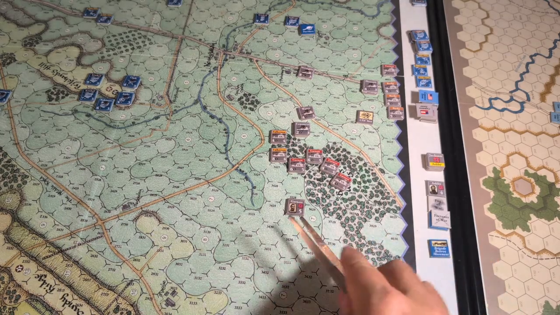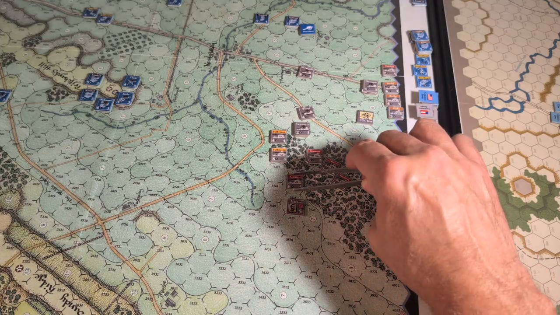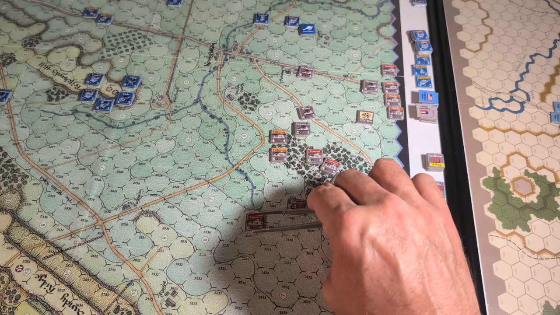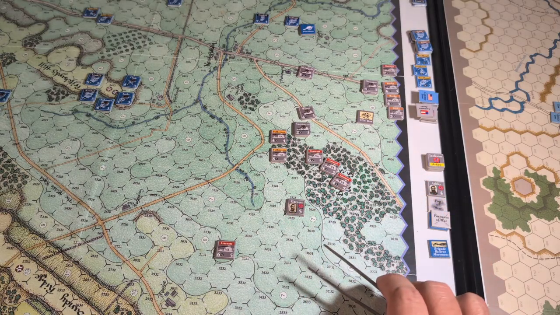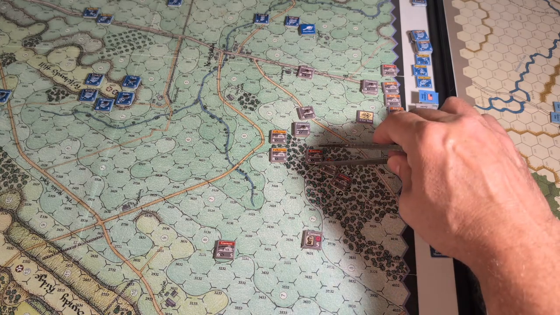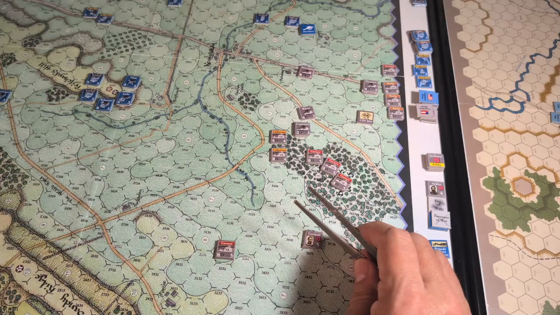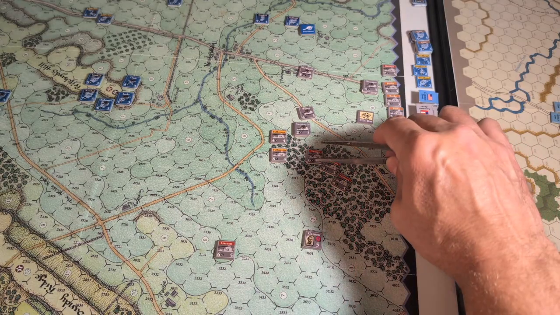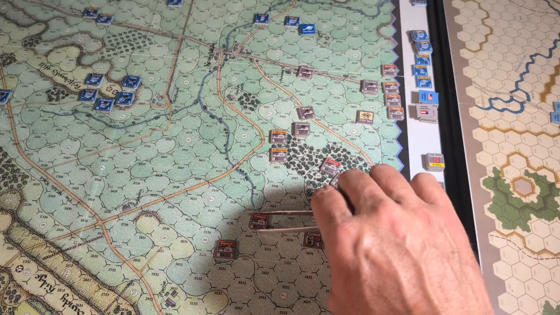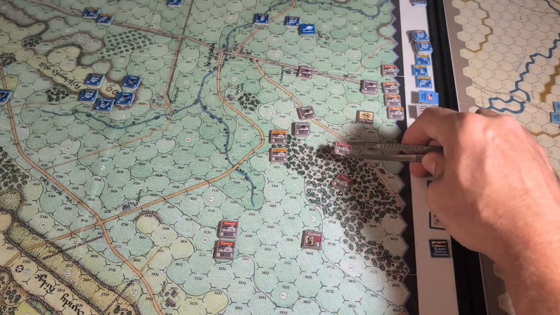Okay. So 1, 2, 3, 4, 5, 6, and see, light woods. Okay, it only cost 1. So 1, 2, 3, 4, 5, 6, and here.